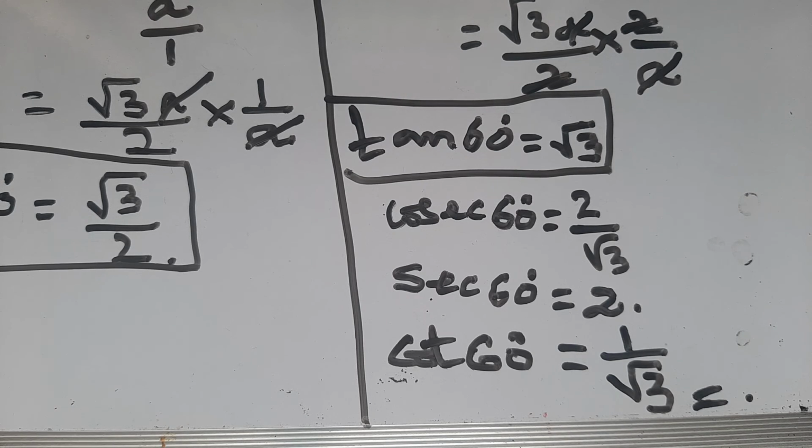actually we will learn how to remember the table. Some students memorize only from the table: sin 60 is root 3 by 2, sin 60, not like that. So how many values are you going to memorize like that? It is not possible always. So generally we have to remember the concept.